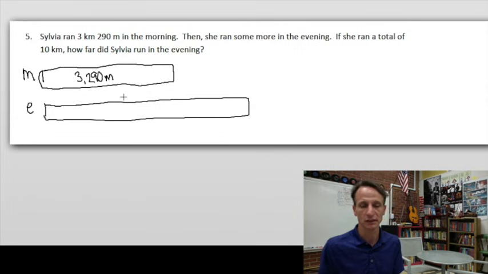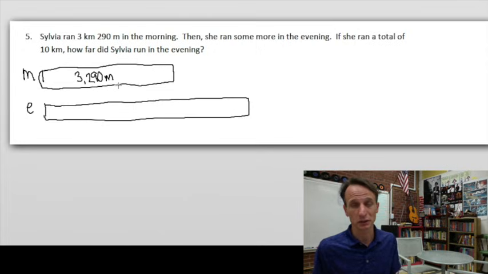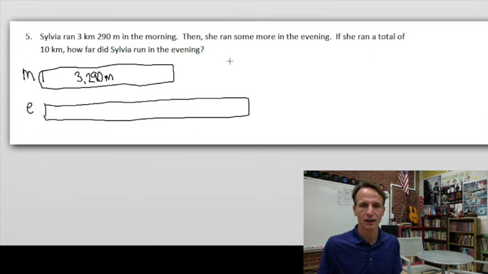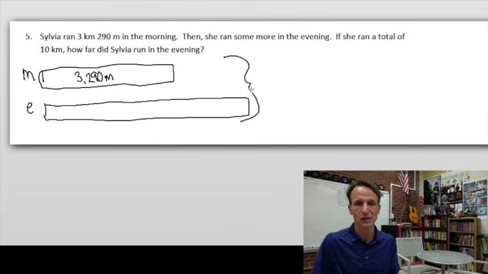But if you drew it shorter, would it really matter? No, it wouldn't be accurate, but it wouldn't hurt anything. However, we do not know exactly how much she ran in the evening just yet. But what we do know is the total. See, and this is the beauty of the tape diagram, is that it shows you what everything means. The total, the 2 runs, the morning and evening runs together, are 10 kilometers, which I already spilled the beans there.